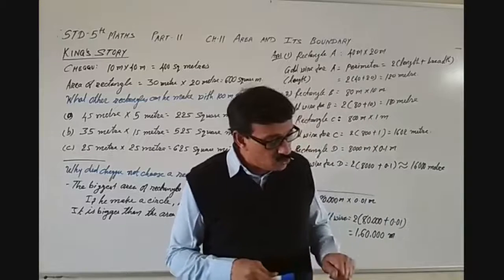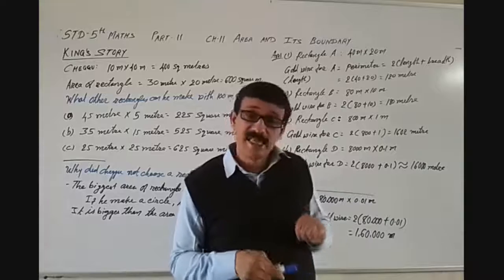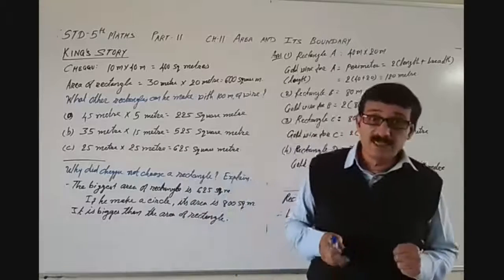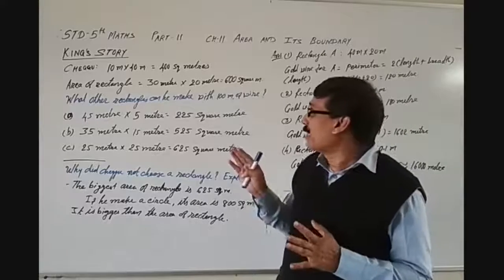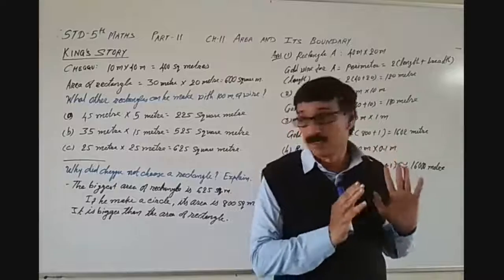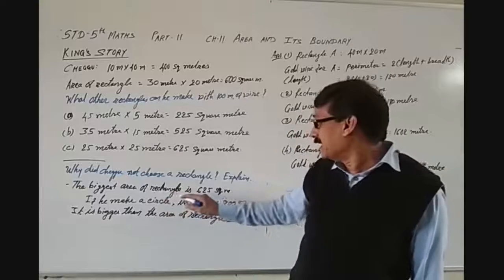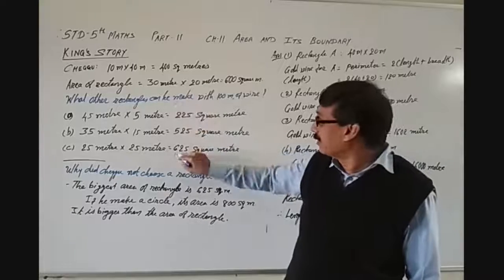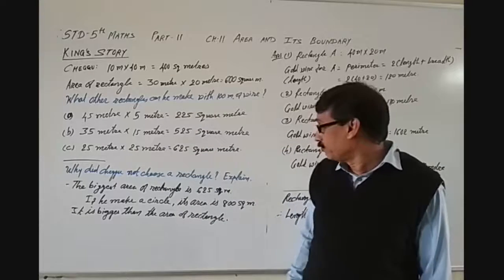Why did Chegu not choose a rectangle? Explain. See, the area of this wire is 800 square meters. That Chegu's wife was aware. That is why the biggest area of a rectangle is 625. Out of all these rectangles, the biggest is 625.